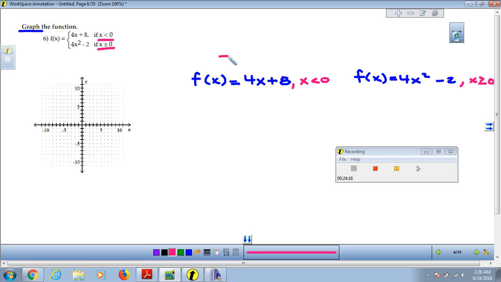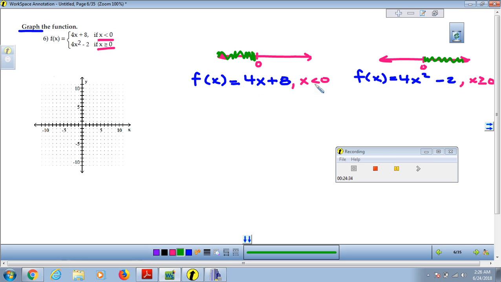Okay. So think of a number line. Here you're saying x's that are less than 0. So it's going this way, right? And here greater than or equal to 0. So 0 is right here in the center. Now greater than 0 is going to be going this way.